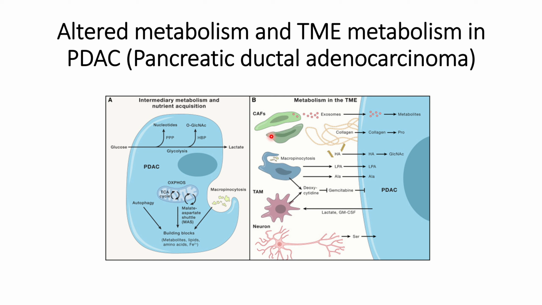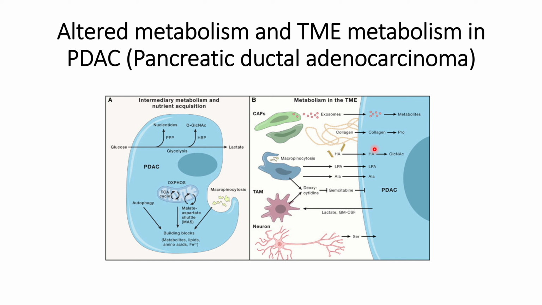One of the important factors in the tumor microenvironment that contributes towards PDAC progression is the cancer associated fibroblast. It releases exosomes, and those metabolites are utilized by the pancreatic cancer cells for maintaining their tumor progression state.